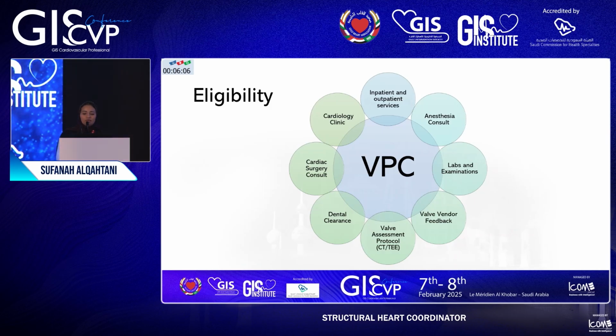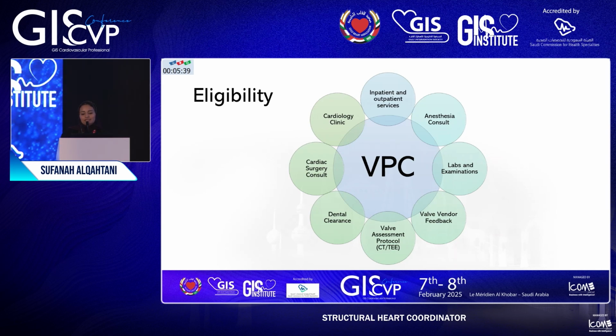And you need to make sure that the proper protocol is done in the department itself and send it to the vendor. After that, you will need your vendor feedback, and your vendor feedback will give you a good idea of what is suitable for this patient's plan specifically, whether it's your size or in your peripheral vascular assessment, which is your most ideal access for the patient.